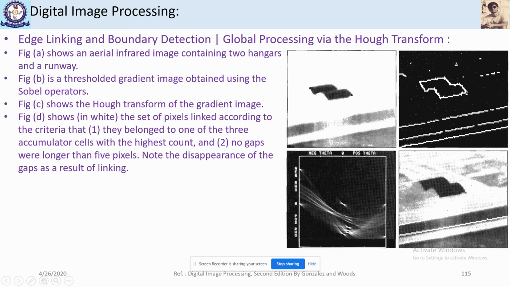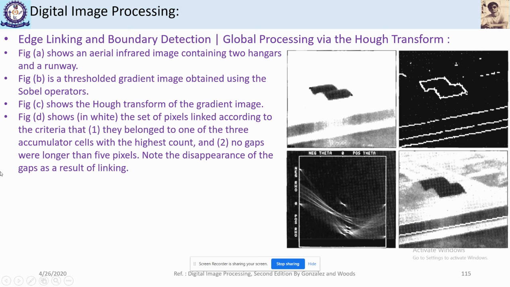So those pixels are linked whose accumulator cells had the highest count in the Hough transform parameter plane, and no gaps were longer than 5 pixels. If two pixels are more than 5 pixels apart, then they were not linked. So these two conditions were taken, and we have got this as the output.